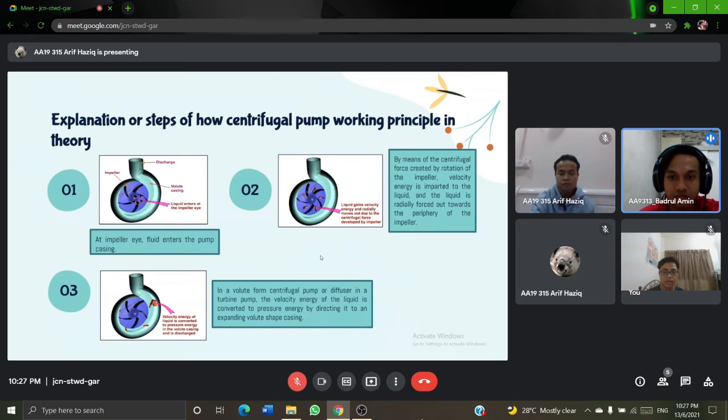Velocity energy is imparted to the liquid by means of the centrifugal force produced by rotation of the impeller, and the liquid is radially pushed out towards the impeller periphery. And the last step is the velocity energy of the liquid is converted to pressure energy by directing it to an expanding volume design in a volute-type centrifugal pump or diffusers in a turbine pump.